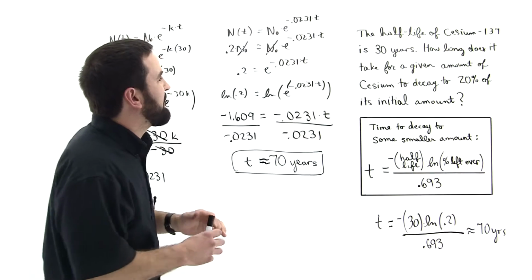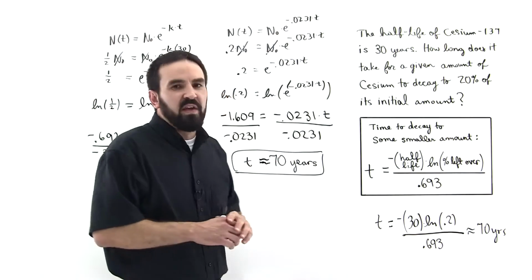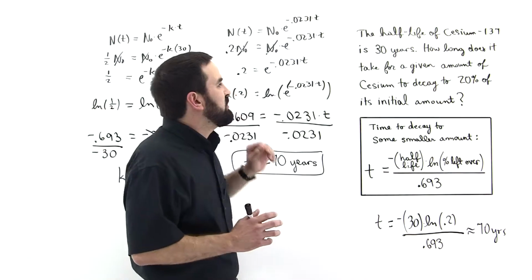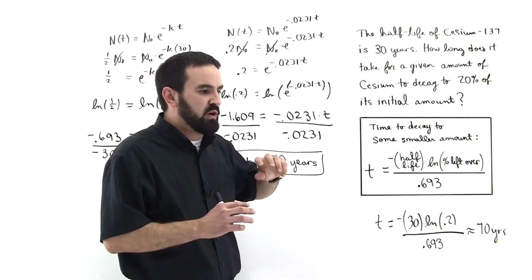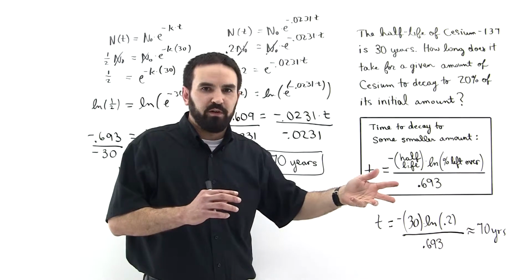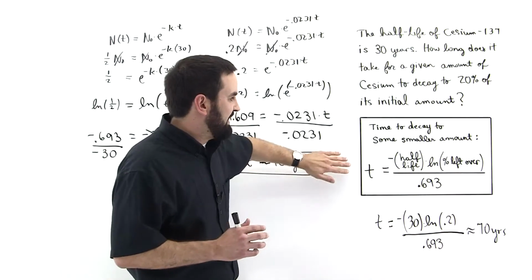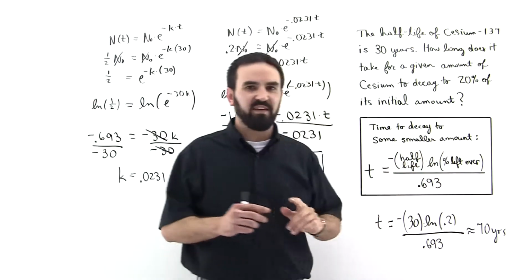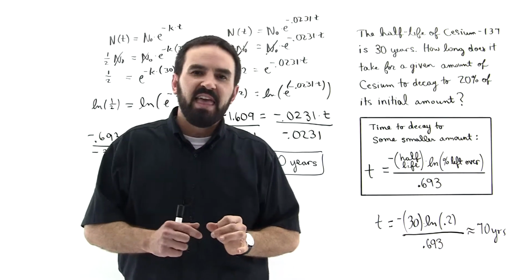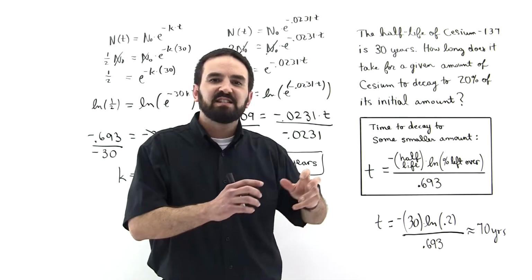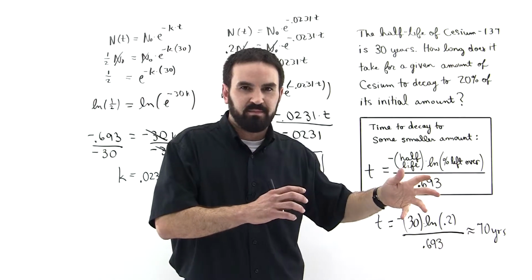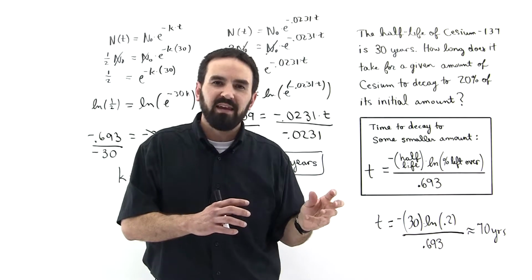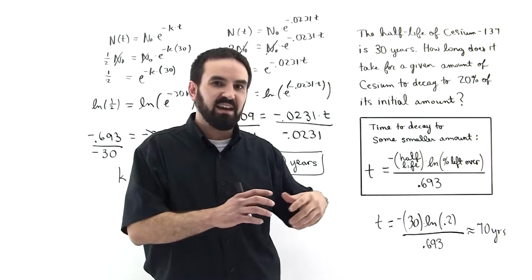Okay, next thing to make note of. If your professor asks you the question in such a way that there's 20% left over, then that will plug right into this. You'll put 0.2 right here. But if the question says something like the amount decays by 80%, you don't put 0.8 in there because it decayed by 80%.